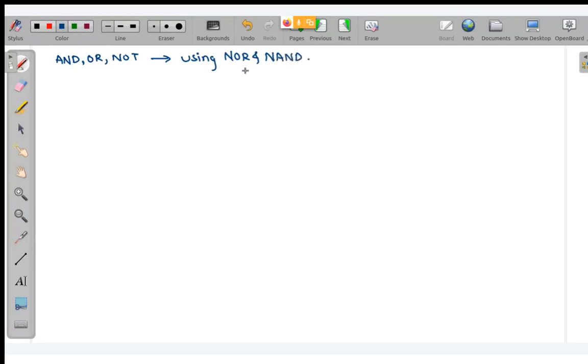But using these two gates, we never discussed how to construct XOR or XNOR. So okay, let us do it very quickly. First, construct using NAND. First you try, then I will do.